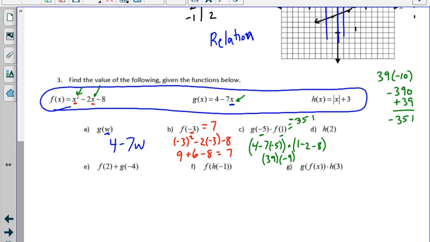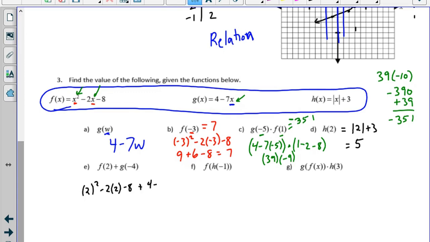D, h of 2. So I'm just going to substitute 2 in. I get absolute value of 2 plus 3. Absolute value of 2 is 2, so 2 plus 3 is 5. E, f of 2 plus g of negative 4. So if I take f of 2, I get 2 squared minus 2 times 2 minus 8. Then I'm going to add g of negative 4.